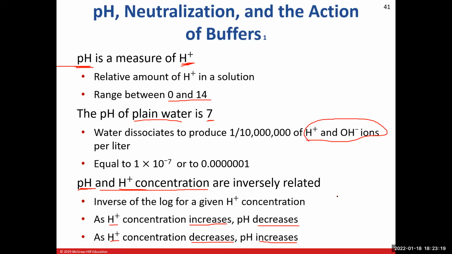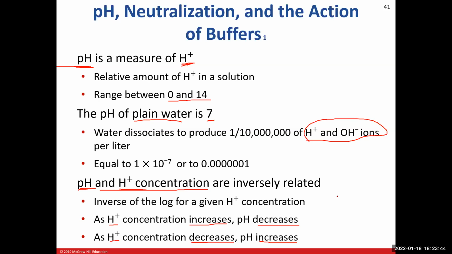That's one thing. The other is plain water is right in the middle and it has a value of 7. So in the middle of our scale of 0 to 14, if you have a value of 7 for something, you're neutral. And then the last thing is that the pH value and the concentration of hydrogen ions in a solution are inversely related.